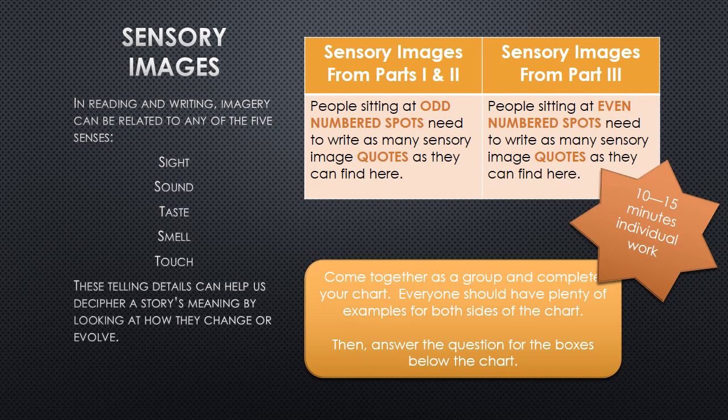They should evoke different styles or different tones or different emotions if you look at the difference between those sections. So take a few minutes with your group to share and add to your worksheet and then answer that question in the box below the actual chart. Pause the video and we can go on later.